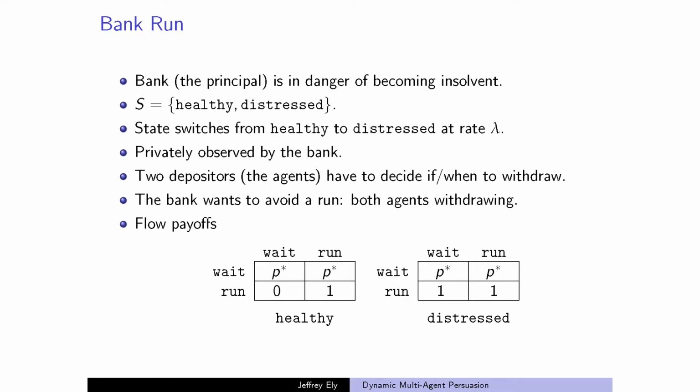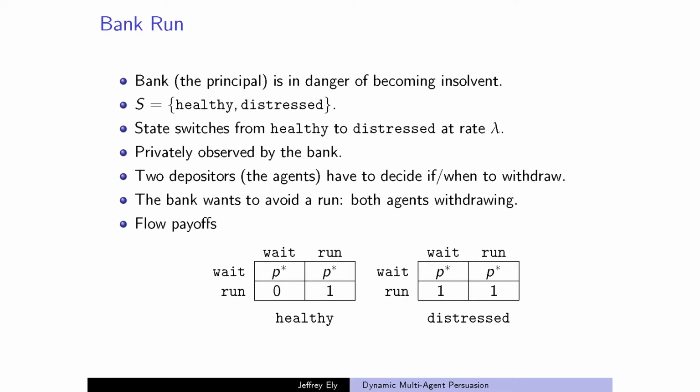And so the interesting problem is, how does the principal, through these messages sent over time, control each agent's first-order beliefs about the health of the bank, but also their higher-order beliefs about the other agent's beliefs, etc., about the health of the bank, because those higher-order beliefs, through this strategic complementarity, will tend to accelerate the rate at which agents withdraw, and the principal wants to manage that.